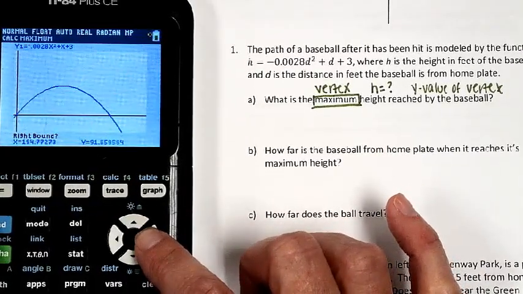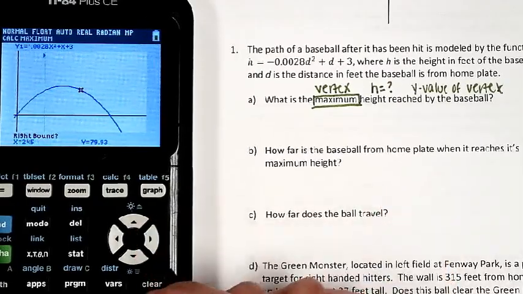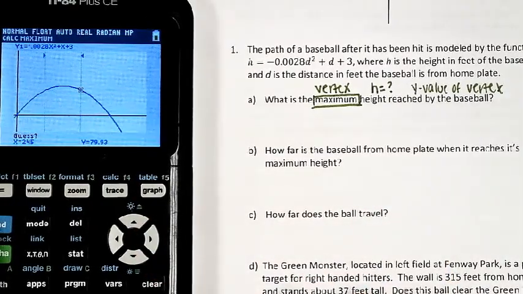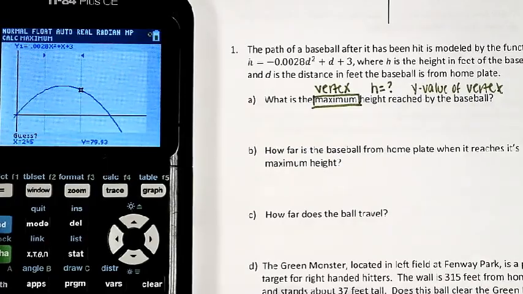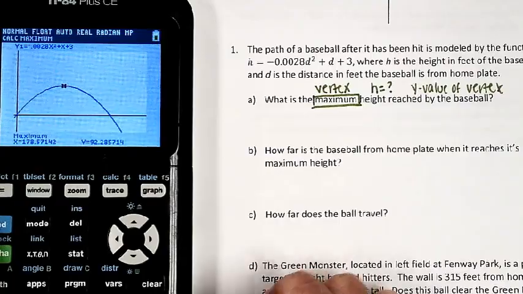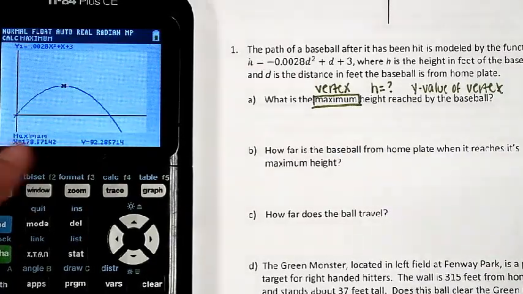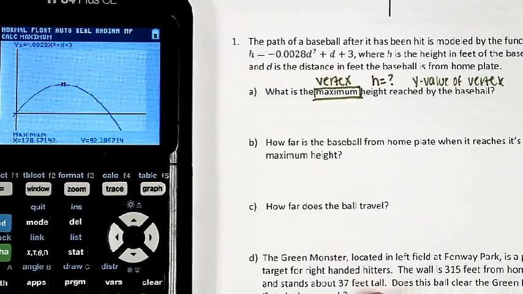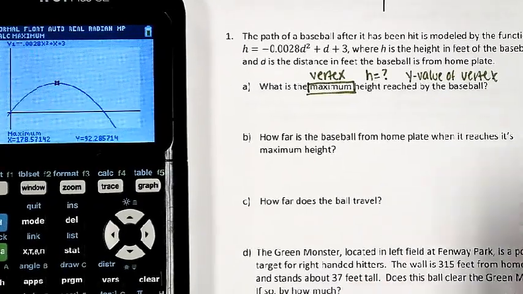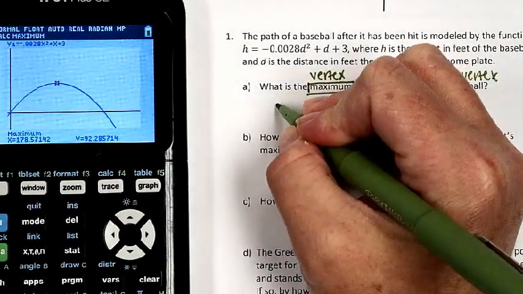So scroll to the right, enter, doesn't matter where, as long as it's to the right, hit enter again. And we can see down at the bottom our vertex. If it says guess, just hit enter. You don't have to guess.